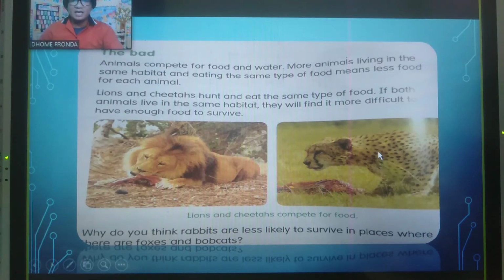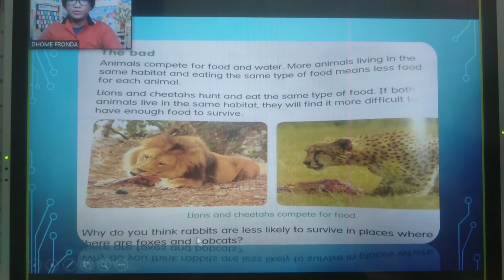They will eat the deer. Lions and cheetahs hunt and eat the same types of food. If both animals live in the same habitat, they will find it more difficult to have enough food to survive. So lions and cheetahs compete for food.